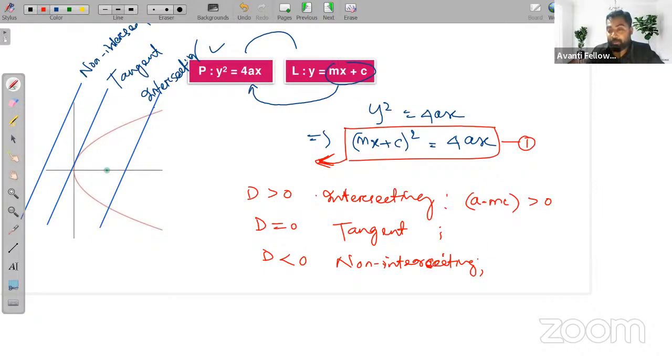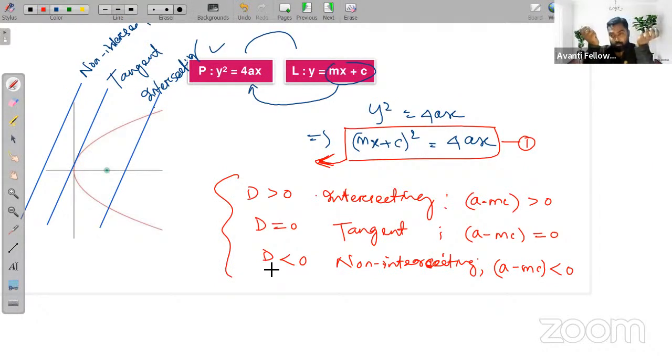If a minus mc is equal to 0, then you can say the line is a tangent to the given parabola. And if a minus mc is less than 0, then the line does not intersect the given parabola. Is that clear to everyone, guys? So these are the cases to check whether a line is intersecting, non-intersecting or tangent.